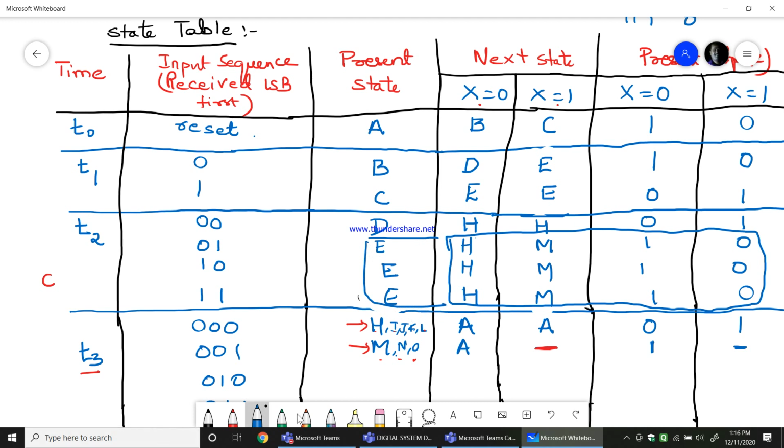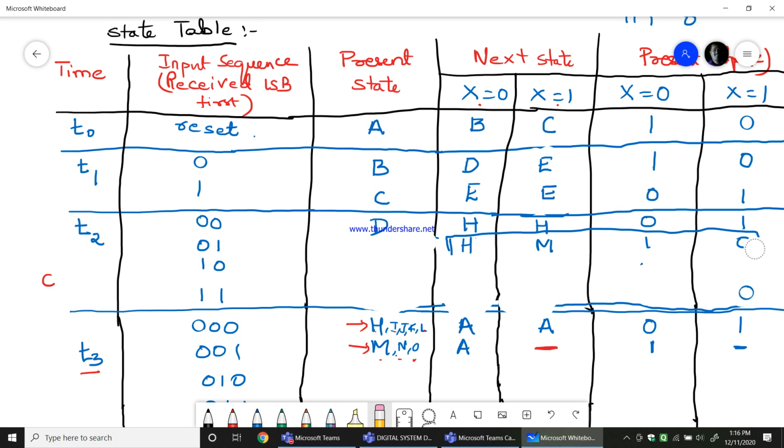Therefore, the states whatever I have written can be converted into a single state, E to H and M. So I don't need all different states there.